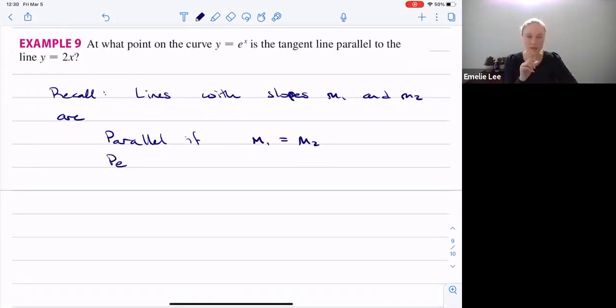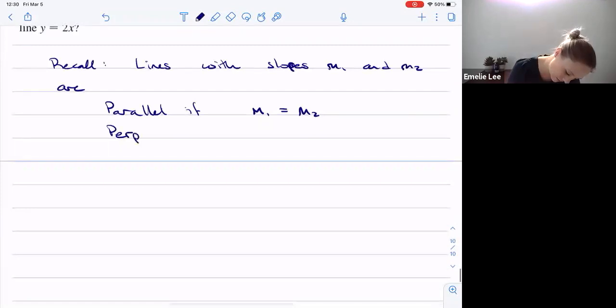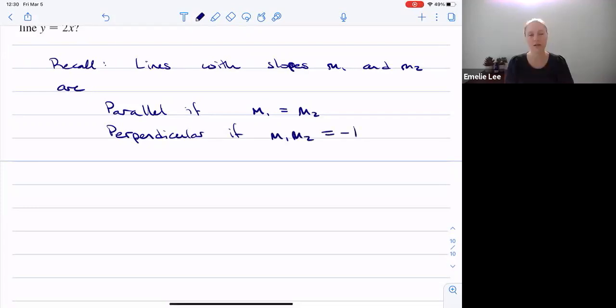I think in the textbook, there's something called the normal line. So if you've got the tangent line, then the normal line is the line that's perpendicular to the tangent line at that point. So maybe I'll make a note of that as well. So they're perpendicular if you're able to show that m1 times m2 equals -1.